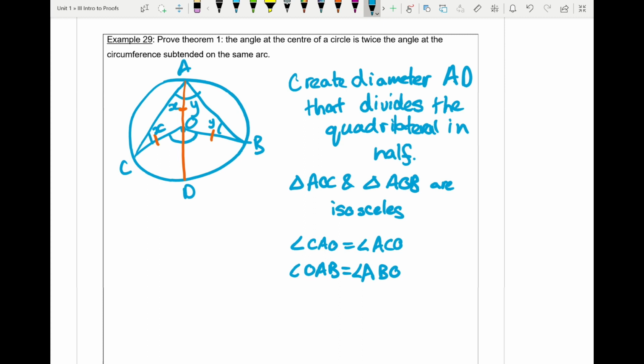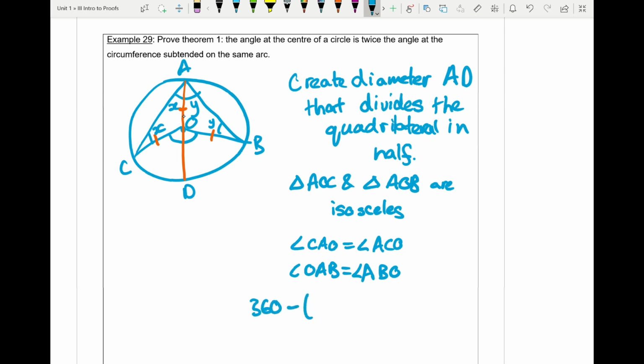So what we get is this angle here, which is what we're trying to prove, right? We're trying to prove that that is double this angle. Well, it's going to be 360 take this angle, take this angle. So what we get here is that 360 minus, well, what is this angle here?